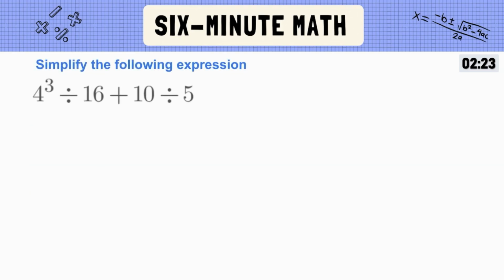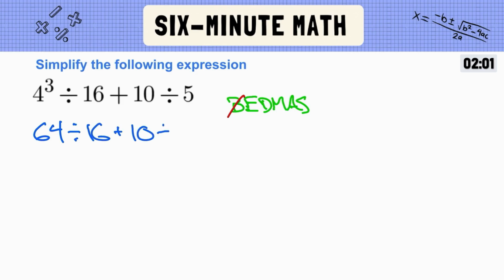How about if I were to simplify the following? So we have our order of operations again. I don't have any brackets, but I do have some exponents. 4 cubed is going to be 64, and the rest of my expression continues as it is. I'm now done with the exponent, and now I have a division.